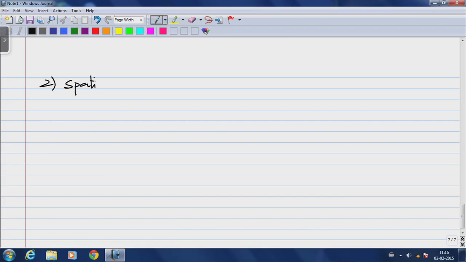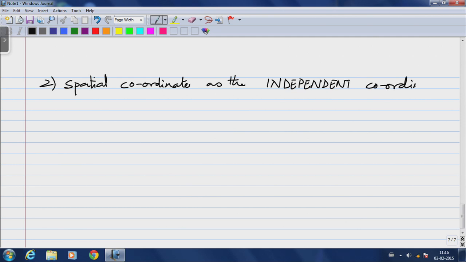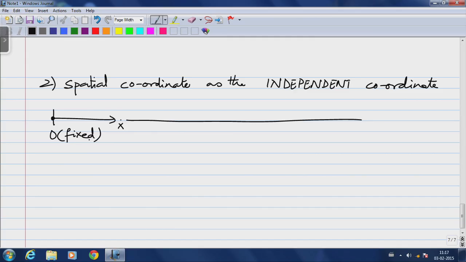So, what if I want to make observations in a spatial coordinate, with spatial coordinate as the independent coordinate? Okay, so let us take our one dimensional system. So, let us say the particle is constrained to move on a road that is given by that, and this is my fixed observer O. I have this particle P moving on this one dimensional road, and I am willing to make observations.